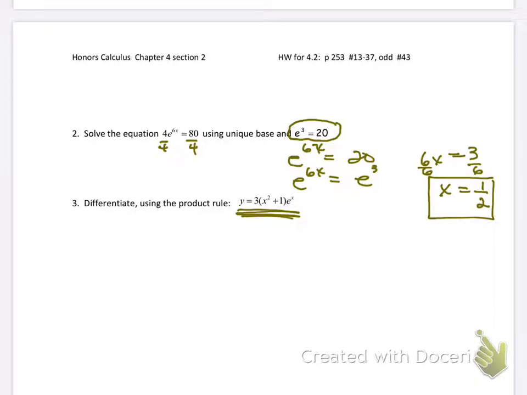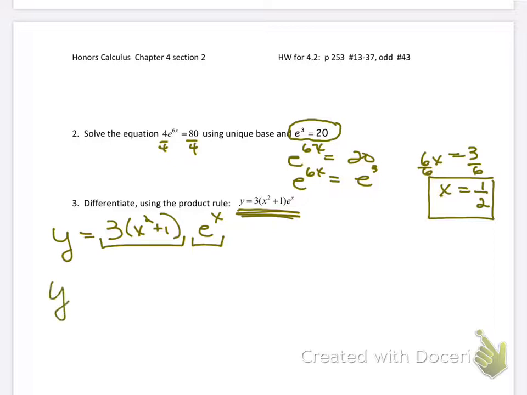So I'm going to write it down here, that y equals, this is the left side, and then this is the right side. So left, right. Therefore, y prime equals left, just write what you see, times the derivative of the right.